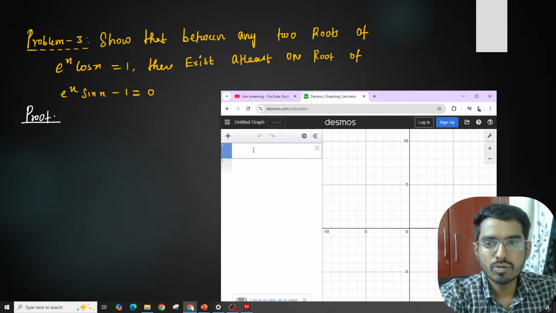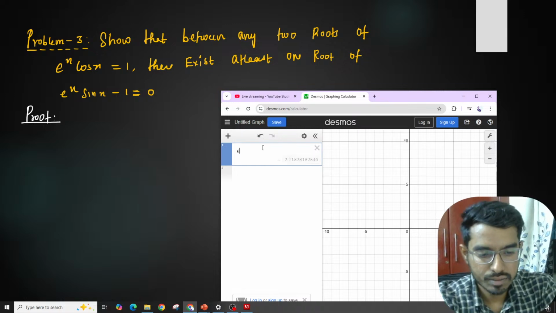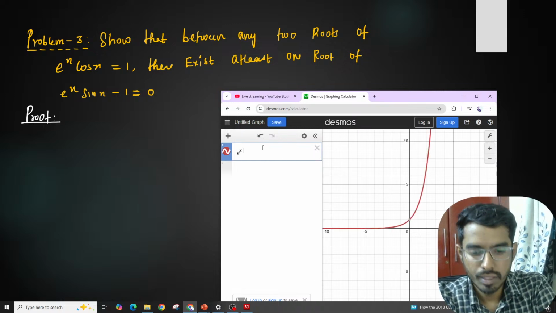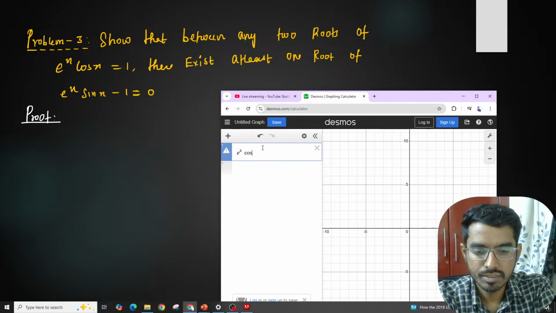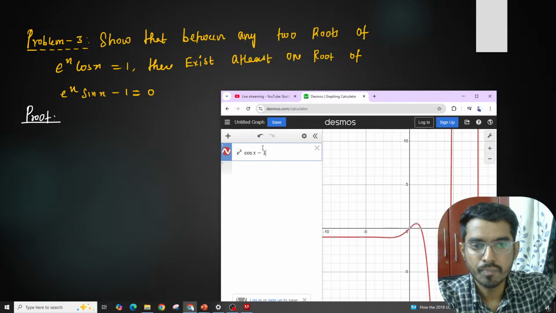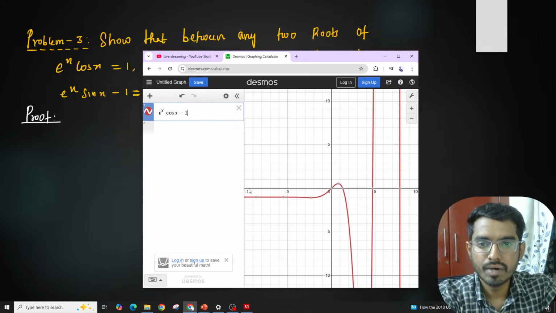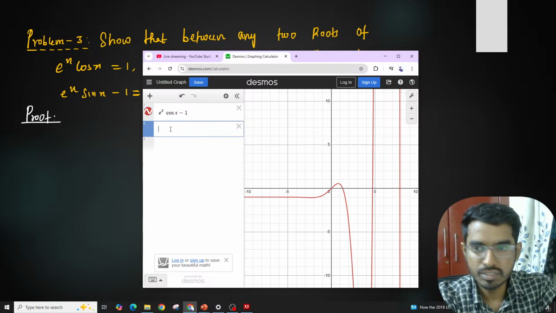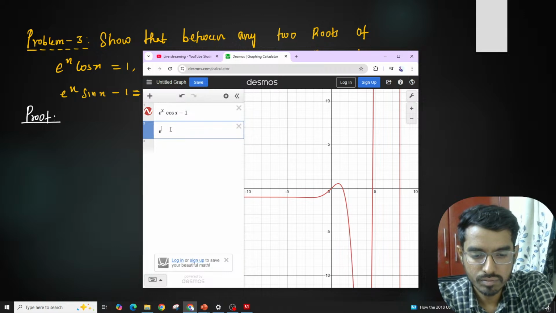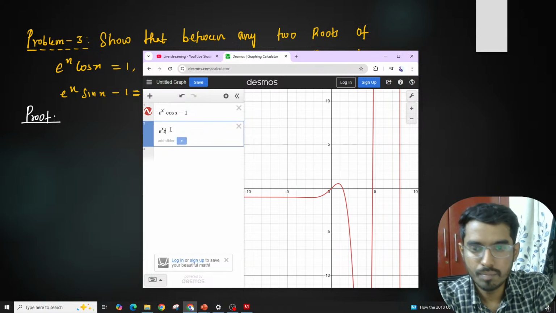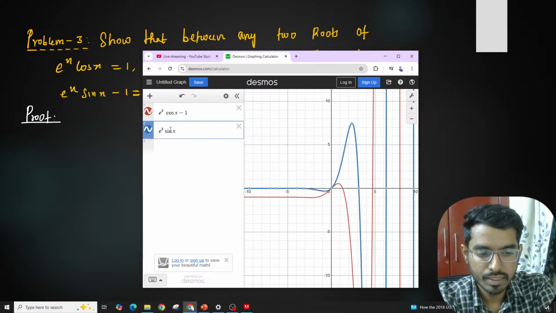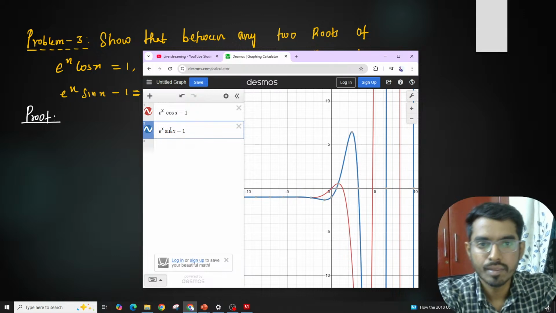So we have e power x cos x minus 1, and this is its graph. Let us draw one more graph, e power x sin x minus 1.